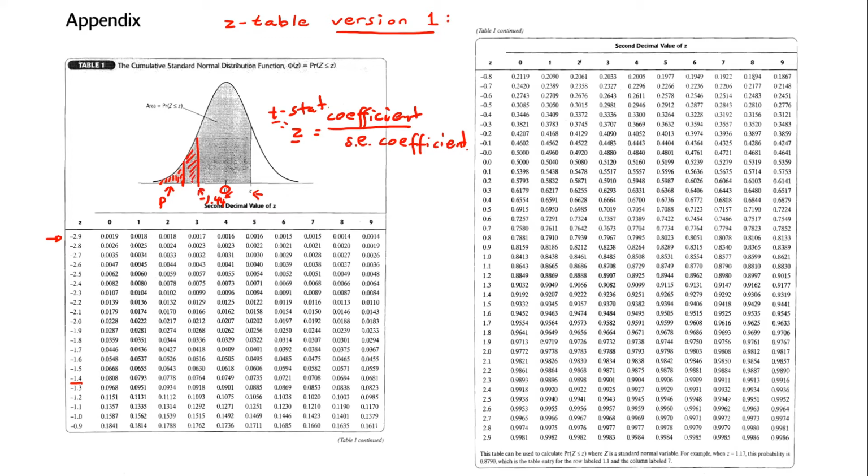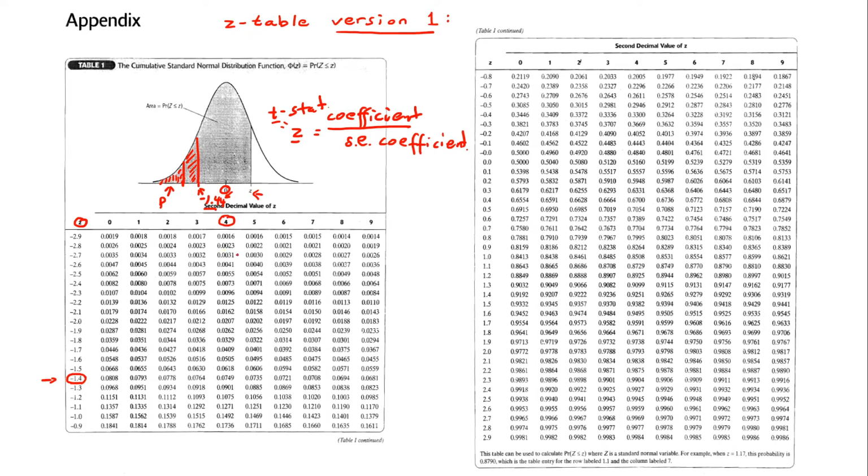And what is the tail probability here? Now we have to go to the z column, find the first digit, which is here, negative 1.4, and the third digit is 4.